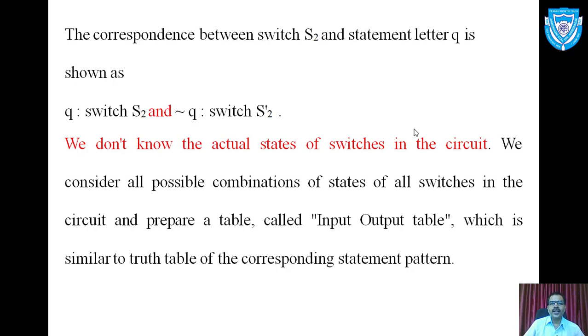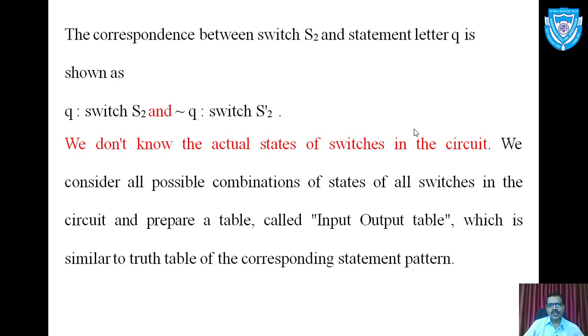No need to write S2 is open, write only S2 dash, meaning that switch S2 is open. And to denote that switch S2 is in the open state, we use the logical symbol negation of Q.